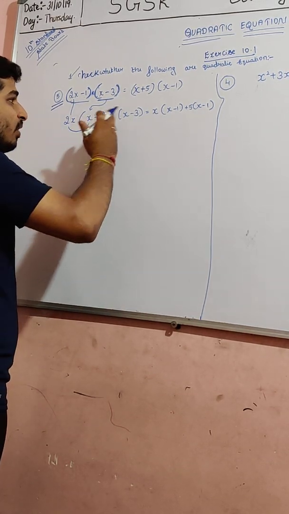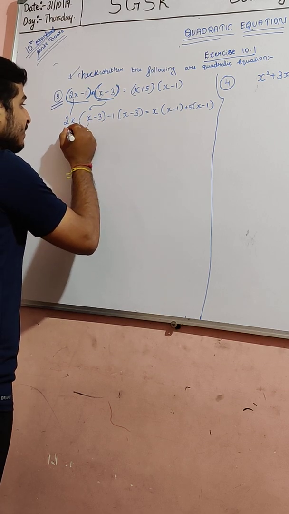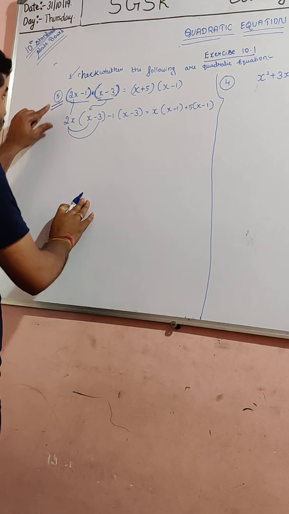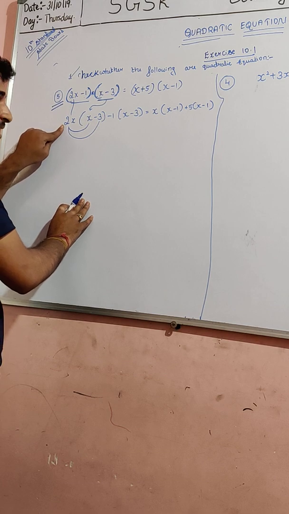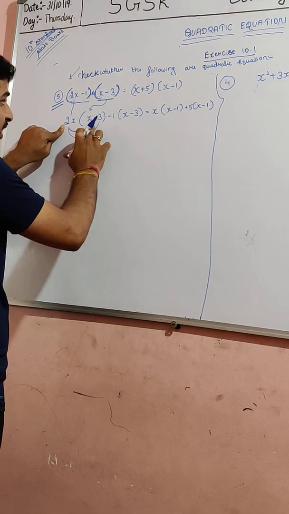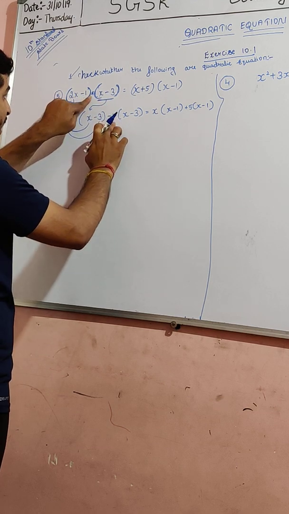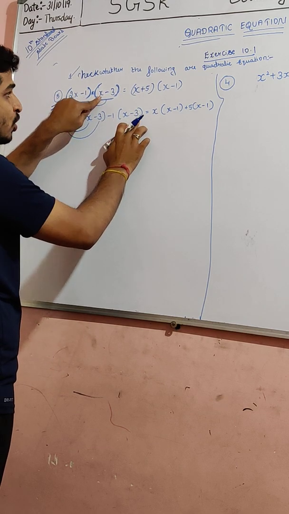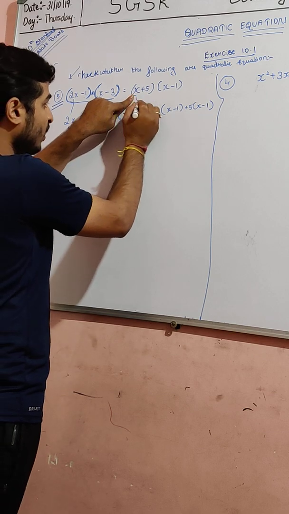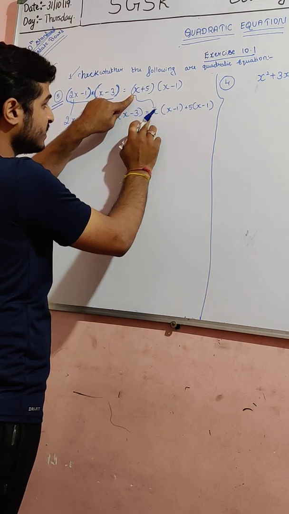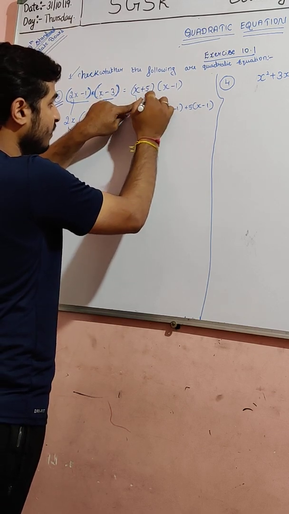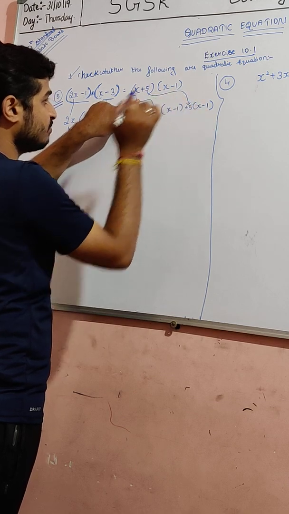So you are forming the equations. Okay, students, now 2x you have written as it is, and then x minus 3 is in bracket. So in the same way, minus 1 over here and x minus 3 in the bracket. So in the same way, you are splitting only this number x into x minus 1. In the same way, 5 into x minus 1.